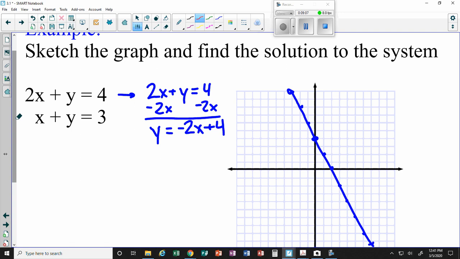Second equation. Jenna, what do we do for that second equation? Okay, start by doing that. For each of those, you only had to do one step to get y by itself.